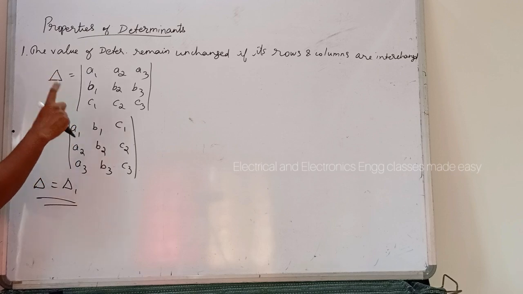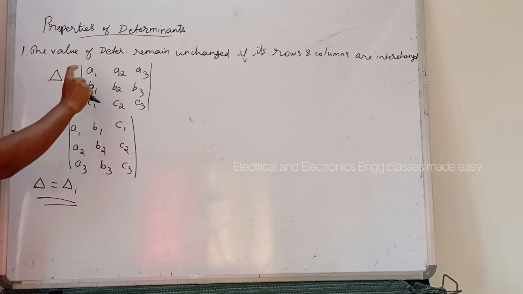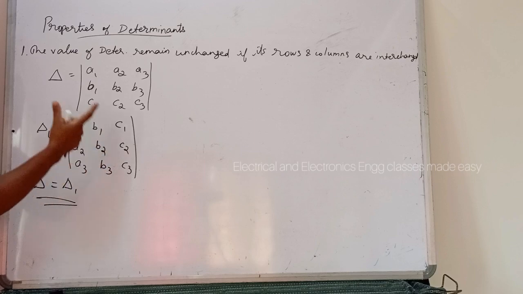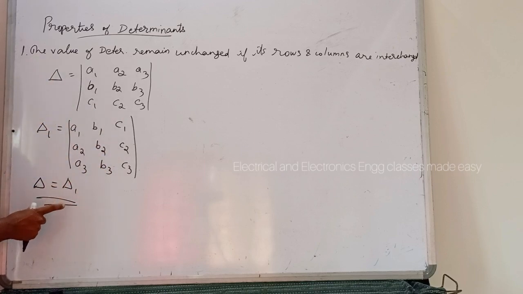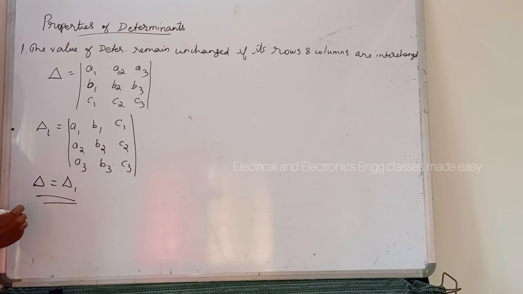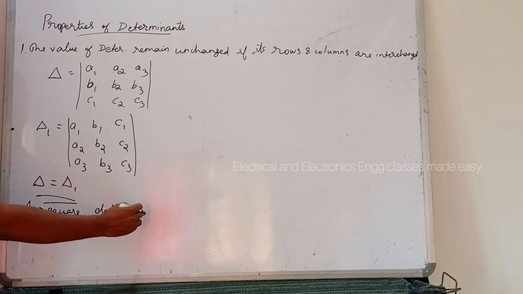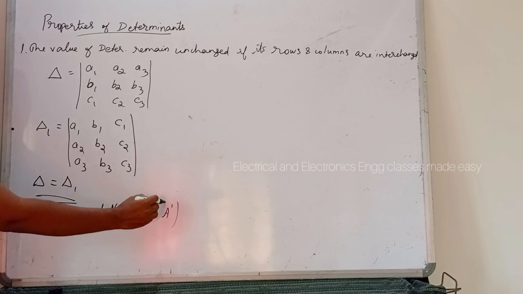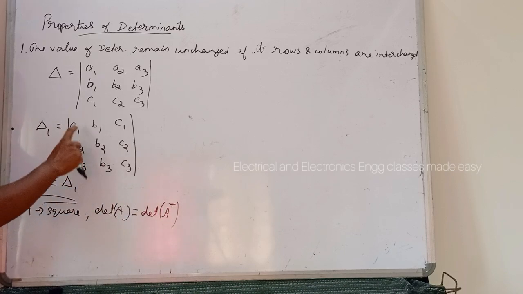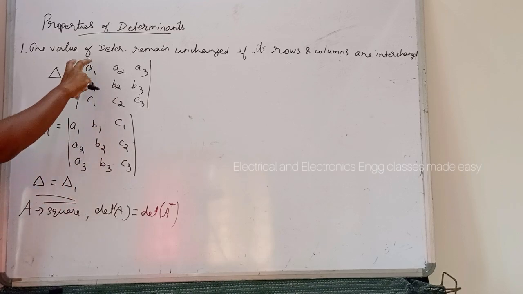That is, if we interchange the rows into columns, then the value of determinant is not changed. Or we can say that let A be a square matrix, then determinant of A is equal to determinant of A transpose, A dash or A T. If we change the rows into columns, then we get the transpose of that matrix.